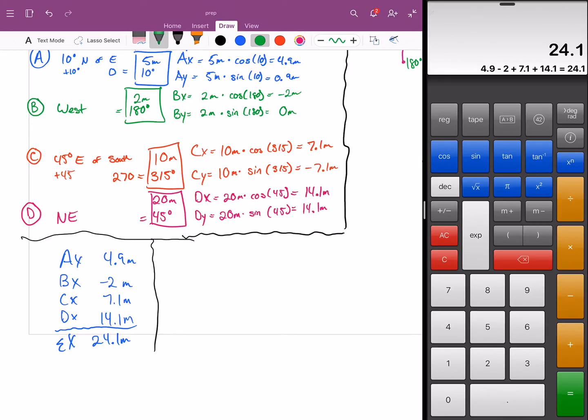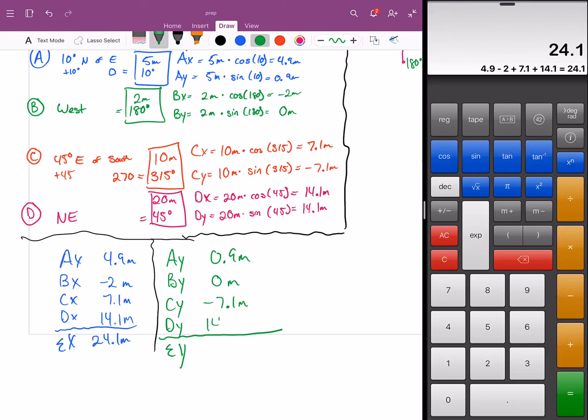Now let's go ahead and do the y's. AY, BY, CY, DY. Sum of y's. AY is 0.9. BY 0. CY negative 7.1.